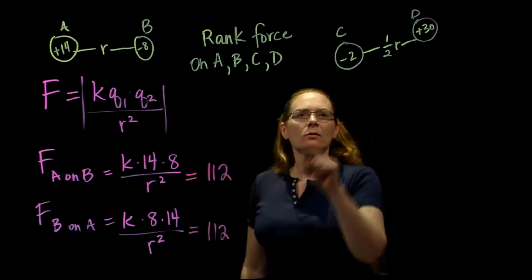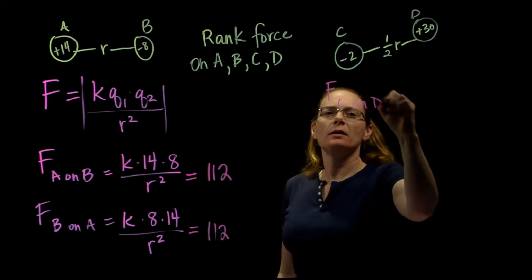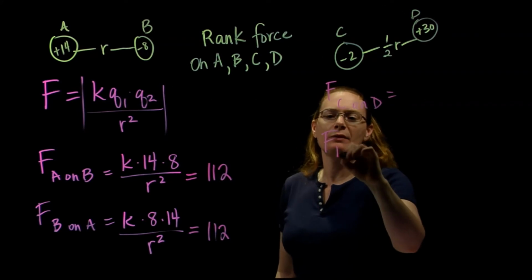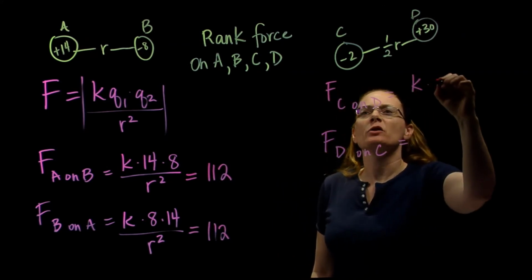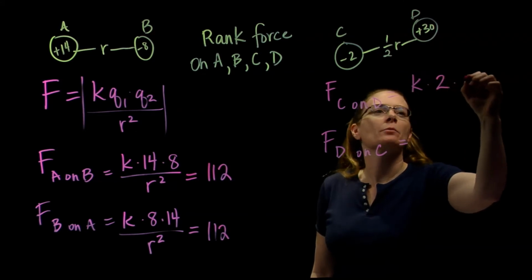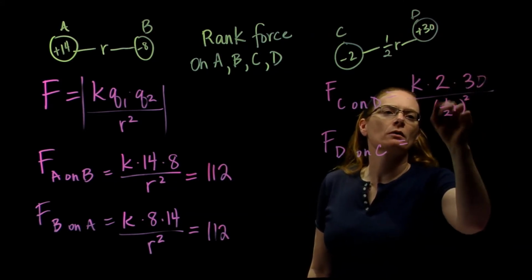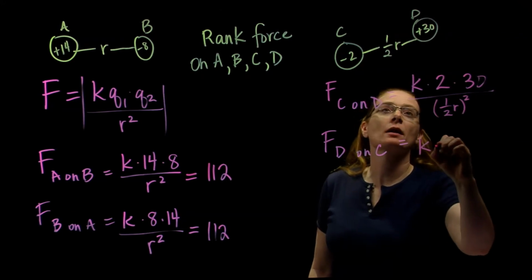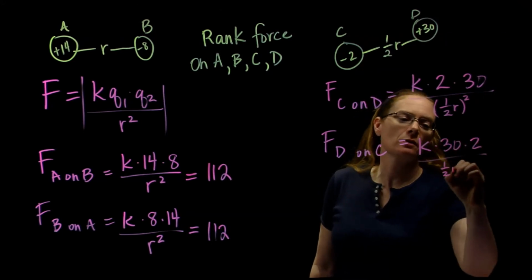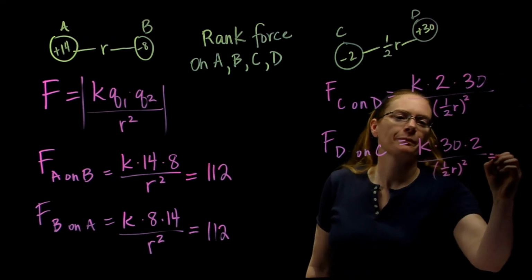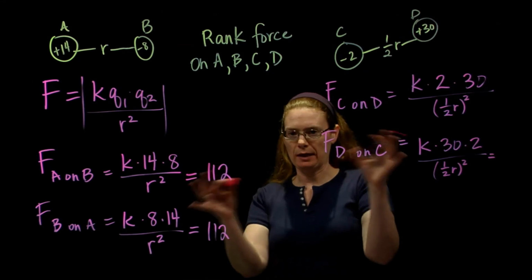Okay, so how about C and D? So the force of C on D and the force of D on C. K times charge 1 times charge 2 over distance squared. Again, I'm just going to ignore the K and the R because those are going to be the same.